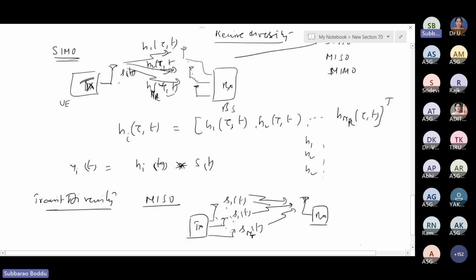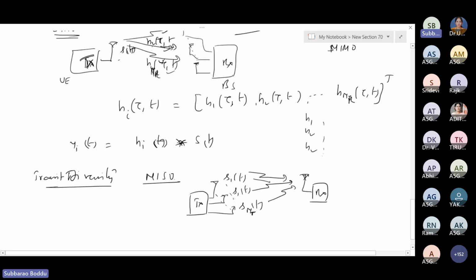So this is now a row vector, because it is multiple input, single output. Your h of tau comma t is a row vector, but in the SIMO system it is a column vector. In MISO it is a row vector.